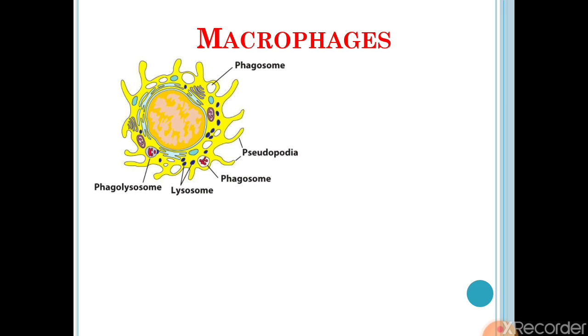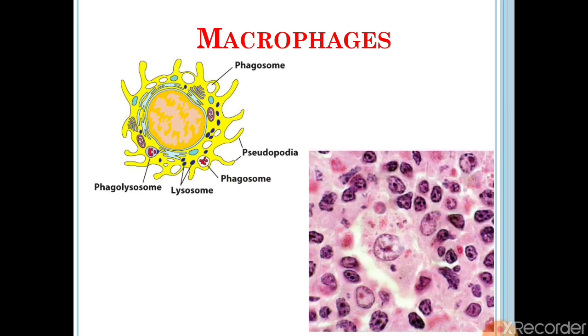The different parts are also shown, like phagosomes, pseudopodia, phagosome, again phagosome, and then lysosome and phagolysosome. So the lysosomes contain the digestive enzymes of various kinds which are involved in digesting the whole microorganism. This is the slide of macrophages.